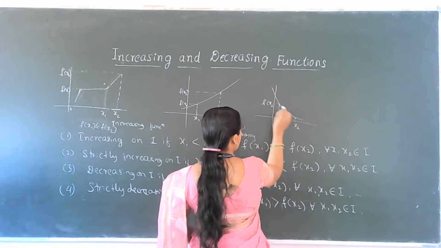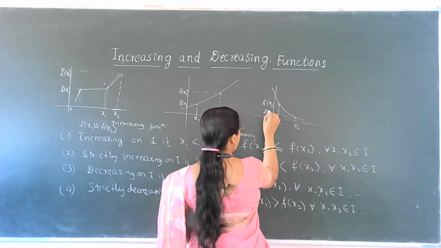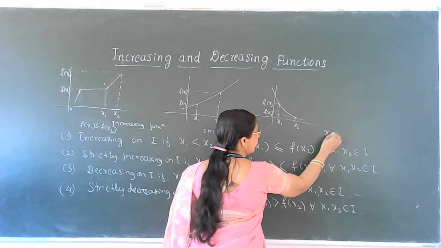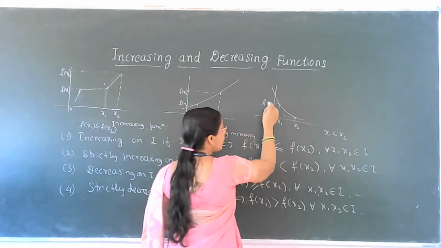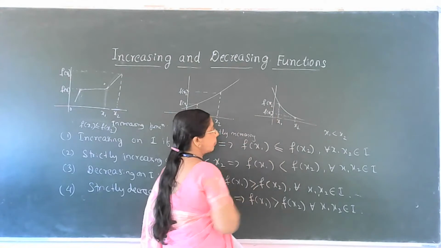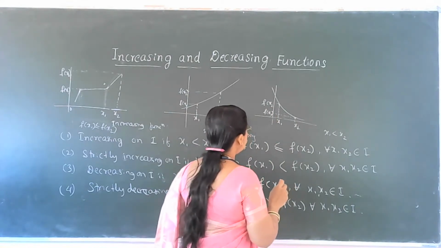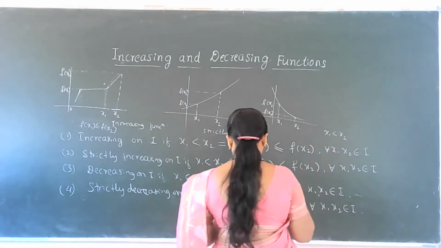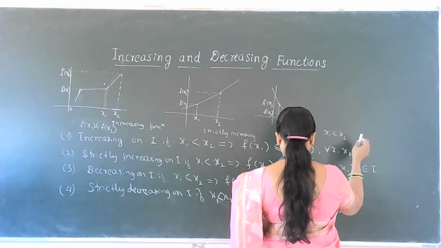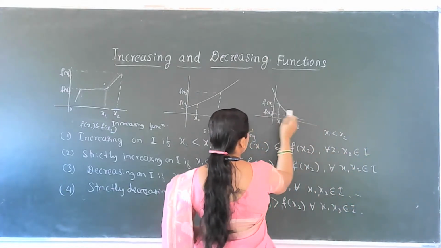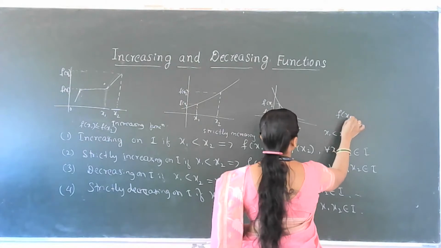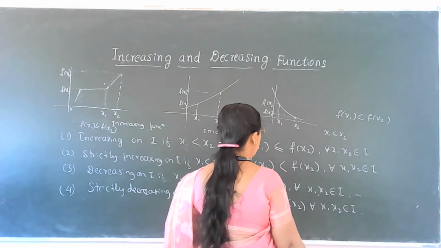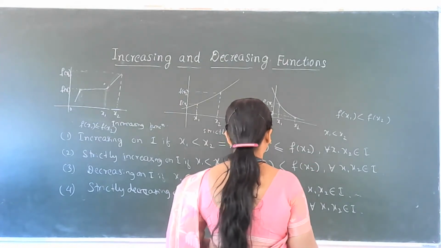You see that x1 is less than x2, but f of x1 is greater than f of x2. Here also the function is strictly decreasing.